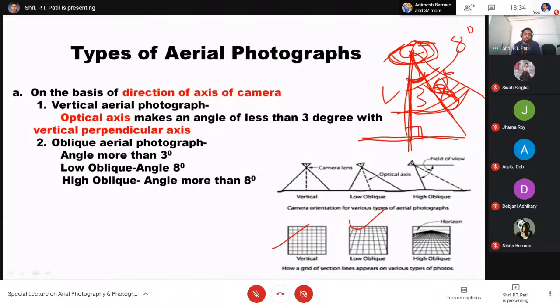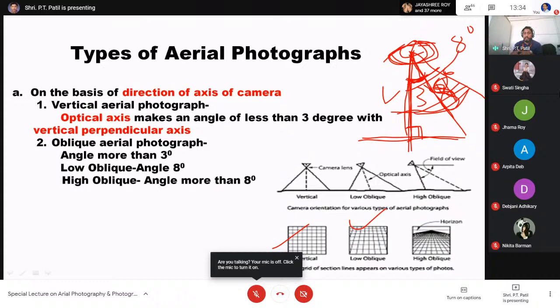And why do we use oblique aerial photography and vertical aerial photography? For photogrammetric purposes, vertical aerial photography plays an important role. And for analysis purposes, we choose high oblique or low oblique aerial photographs. For example, suppose there is a remote territory and we are unable to reach that territory. In such a case, we use oblique aerial photography by bending the optical axis of the camera.